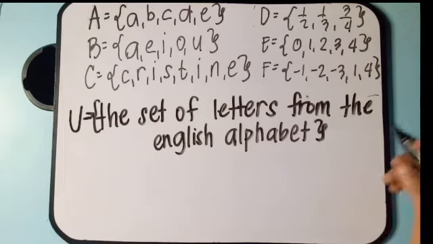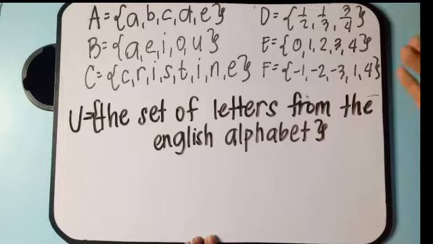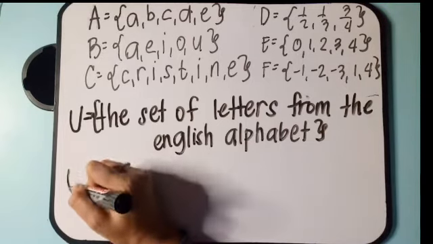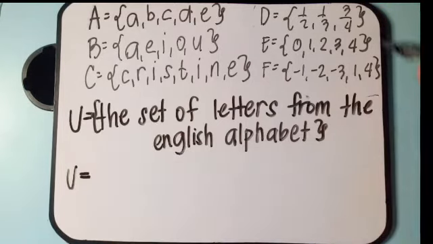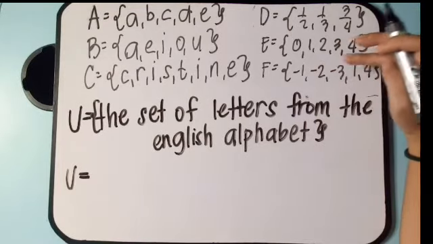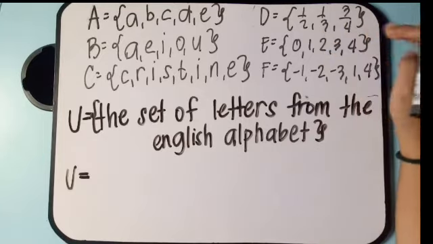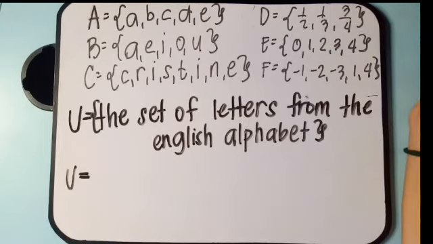How about the second, these 3 sets here? We have the set D, E, and F. So, what can you observe? Sa 3 set na to, as you can see, we have negative integers here, tapos may positive, tapos may 0, tapos merong fraction. So, if you are thinking the set of rational numbers, then you are correct.